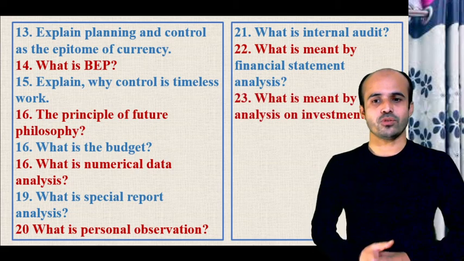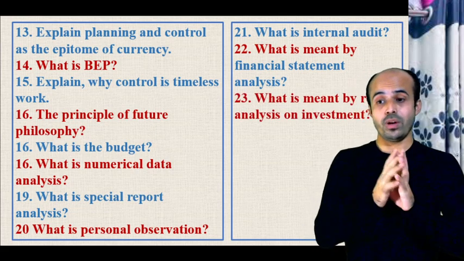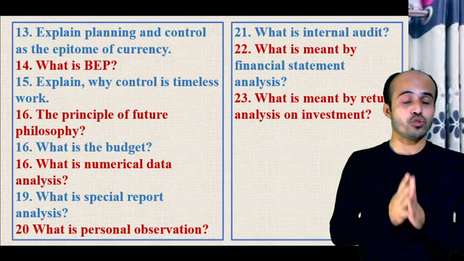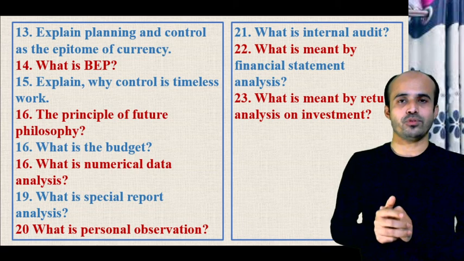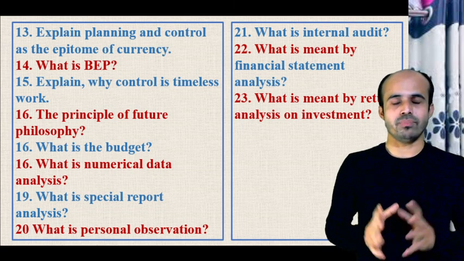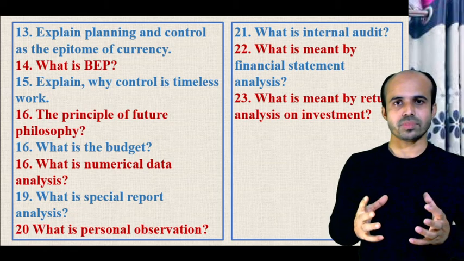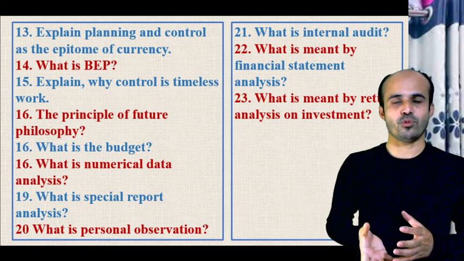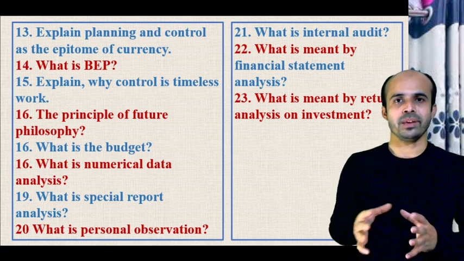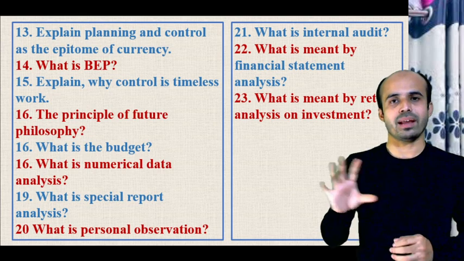Now coming to the next question: what is meant by return analysis on investment? You know that to decide on making an investment in some field, you have to make a plan about what outcome will come from this project. If there is a profitable outcome, then you can invest there.